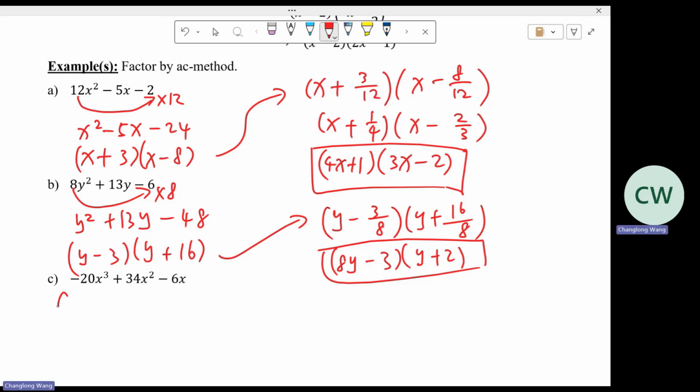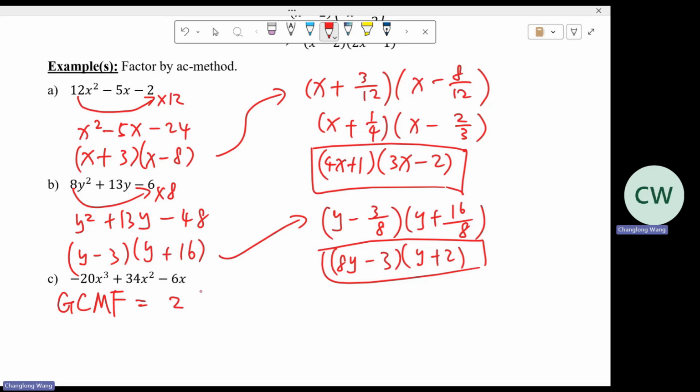So let's identify what the GCMF, greatest common monomial factor, is for the 3 terms over here. Now, first off, as you scan through the numbers, 20, 34, and 6, they're all even numbers, right? So I guess that your best bet will be at least a factor 2. But it turns out that that's the best you can do. Right? They all share a factor 2, no more.